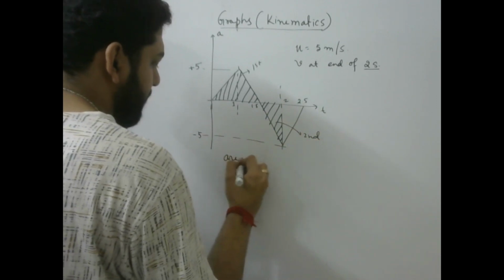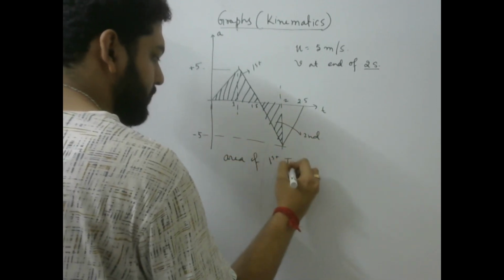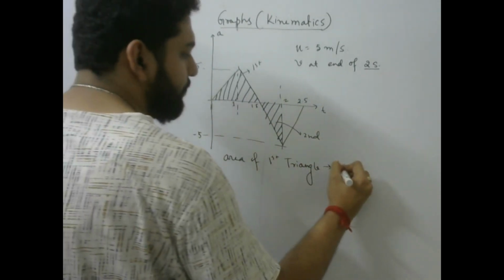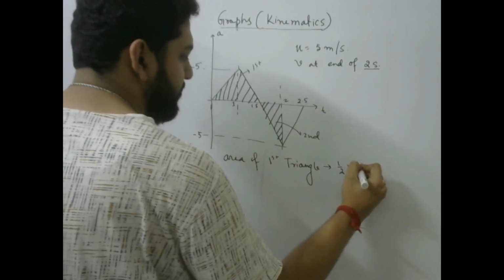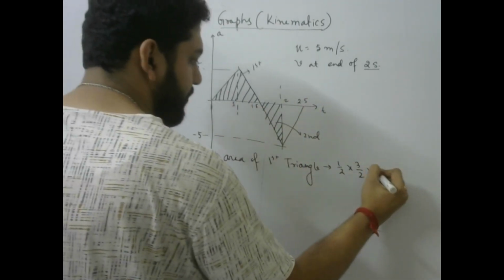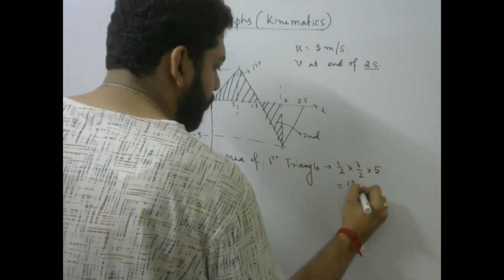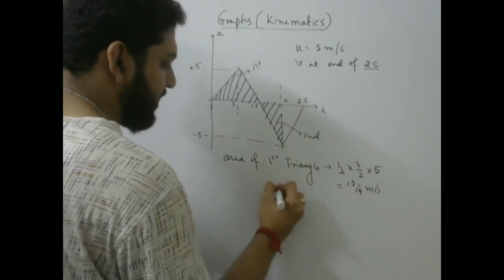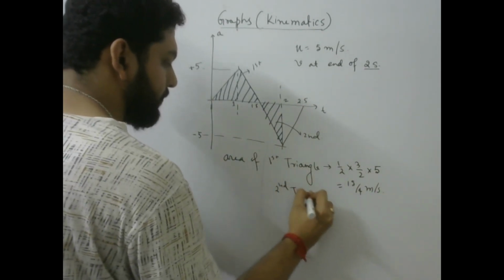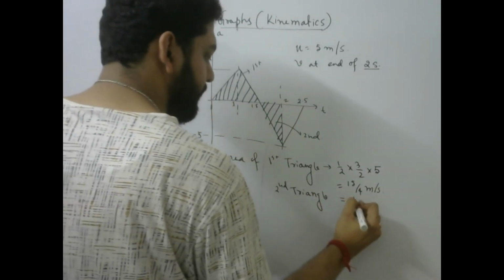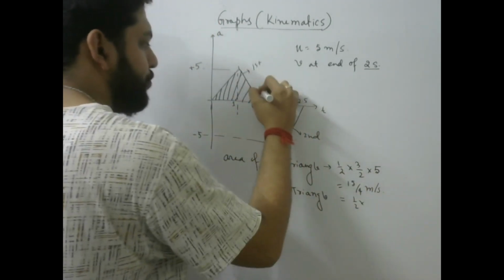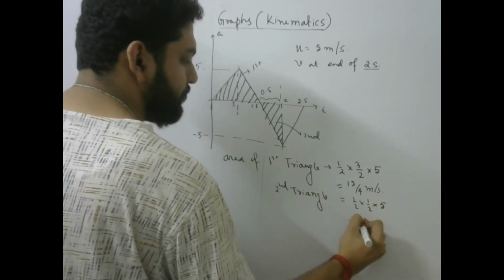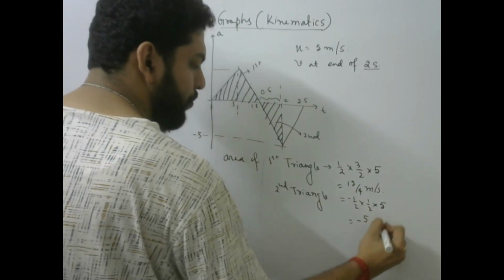Area of the first triangle is half into base, the base is 1.5, that is 3 by 2, and the height is 5. So that is 15 by 4 meters per second, a positive area. Now the area of the second triangle is half into base, which is 0.5, that is half, and the height is minus 5, so minus 5 by 4 meters per second.